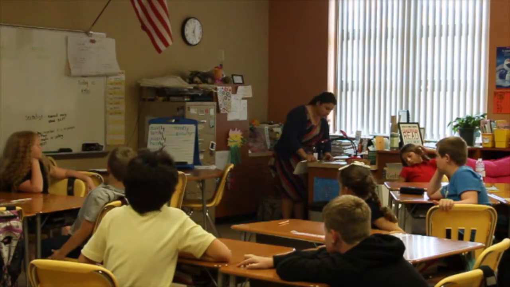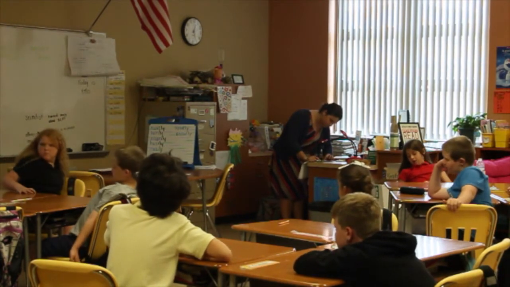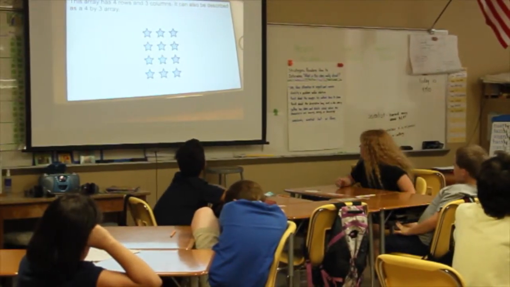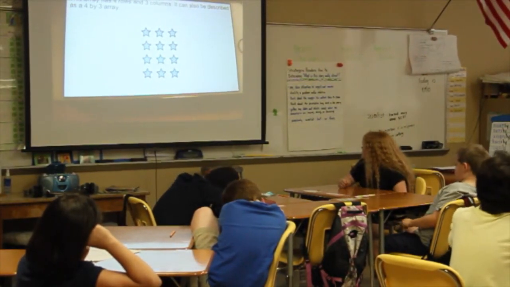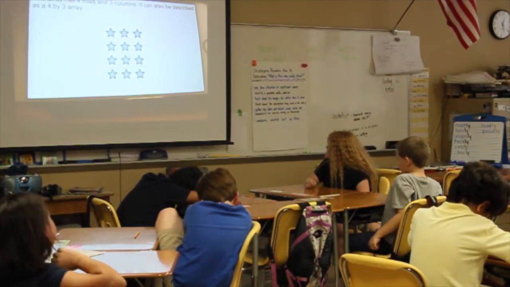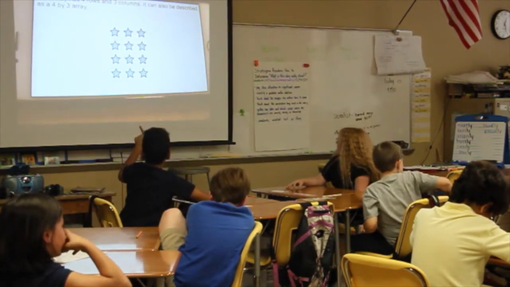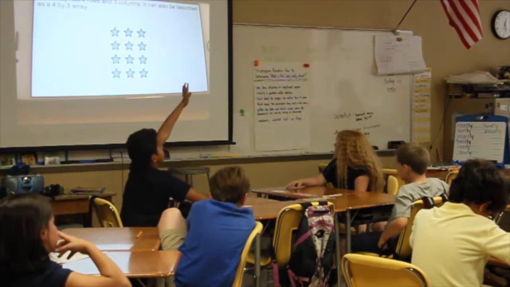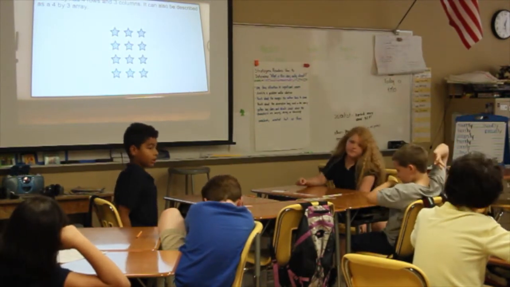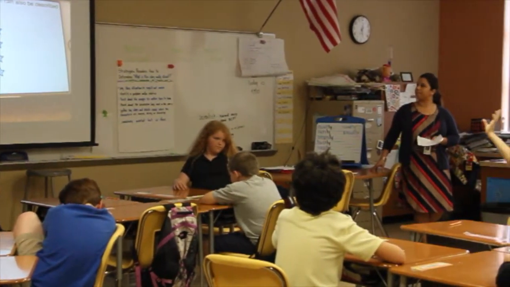So I have some examples here. Let's look at the board. Now this array shows 4 rows and 3 columns. So when we counted, what do you think that we can come up with as far as multiplication? Gannon: If you're counting it, you could do 3 times 4 equals 12.